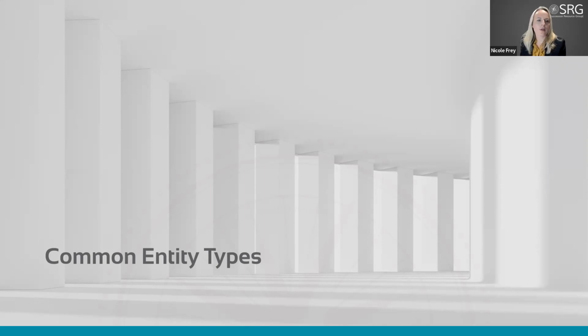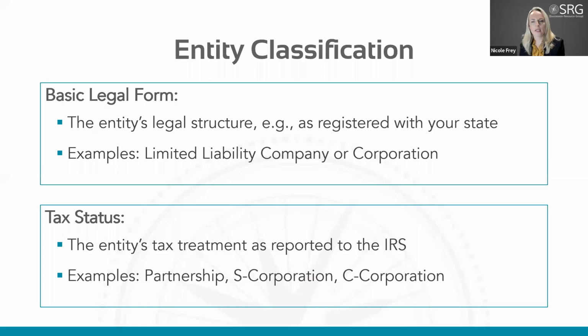Now, I want to share with you some more information concerning the common entity types, and I want to take it a step back and really start with the basics here because there is often some confusion with respect to the classification of entities. So when you first decide to form an entity, you will have to decide what type of basic legal form you are choosing.